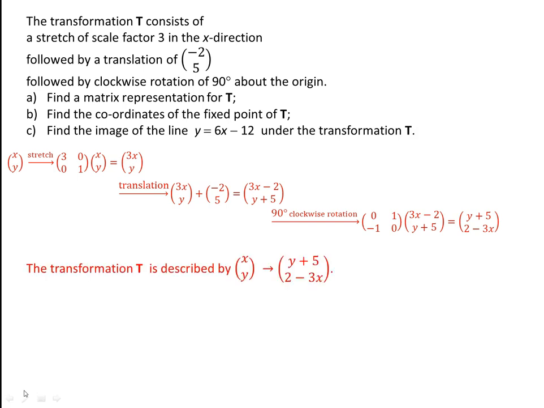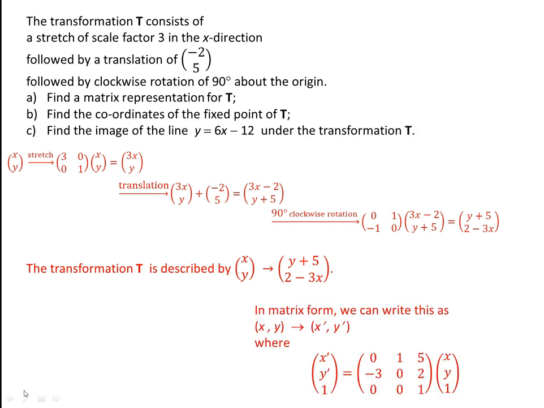So the transformation T can be described by (x, y) goes to (y + 5, 2 - 3x). y + 5 is the same thing as 0x + 1y + 5. 2 - 3x is the same thing as -3 times x + 0y + 2.